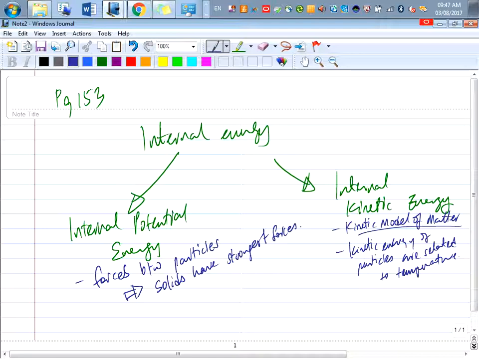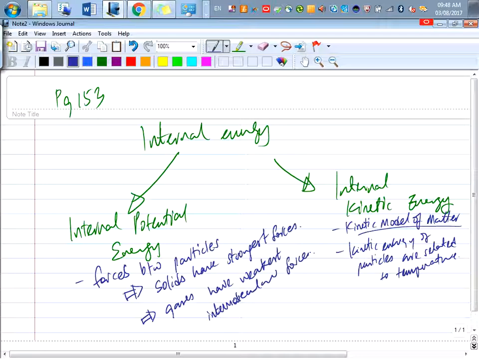No, they are slightly weaker. That is why they don't have a fixed shape. And finally, the phase that has the weakest intermolecular forces must be gases.